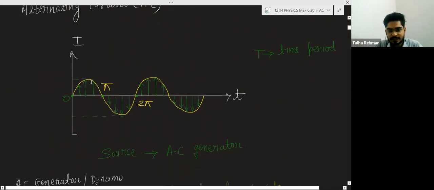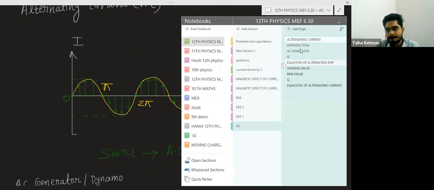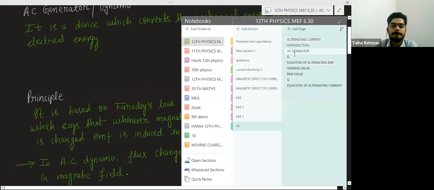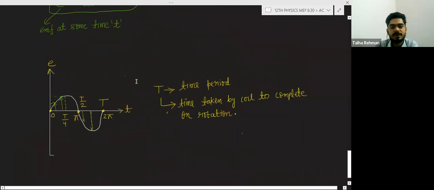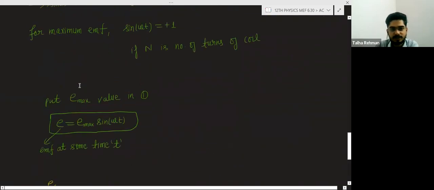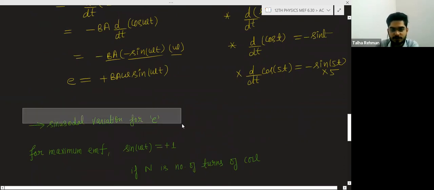This is the graph of the sine basically. In this way, this is the variation of the current, and the variation of the EMF or voltage will also be like this. I have already drawn the graph also. So we can get the sinusoidal variation of E from this.